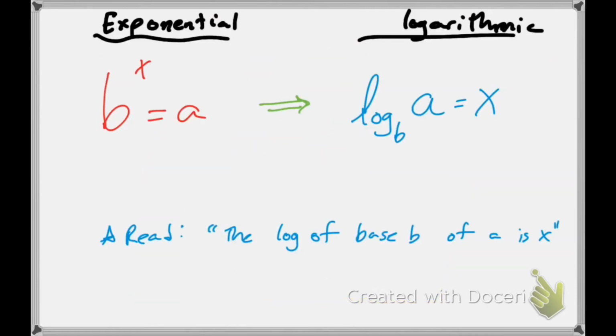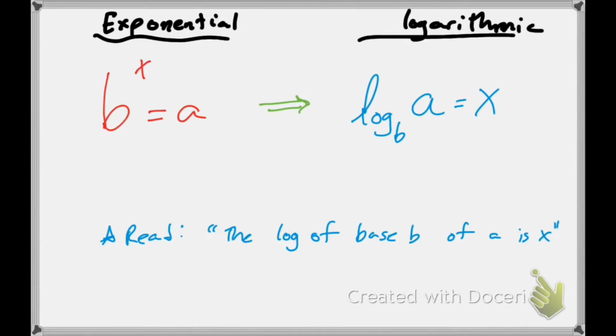Now just a few different terms we need to know. So this is called exponential form. My exponent is the variable here, and this is logarithmic form. So b, that's the base of my exponential form. There's my exponent, and this is what the equation equals.